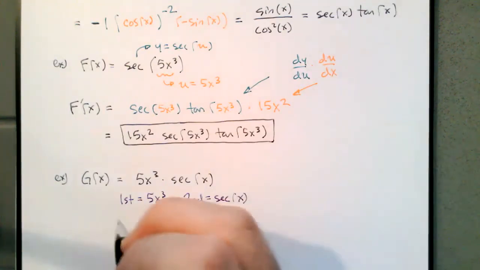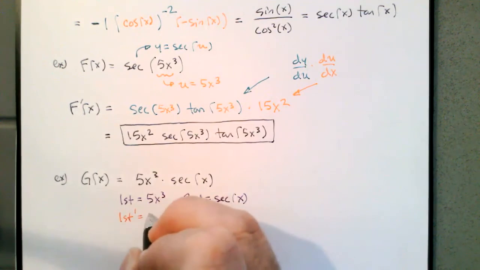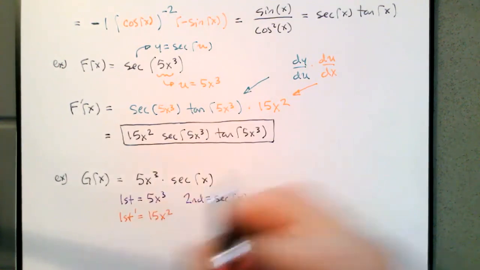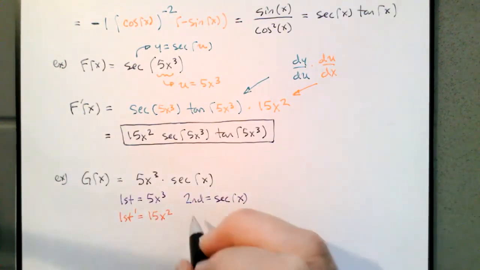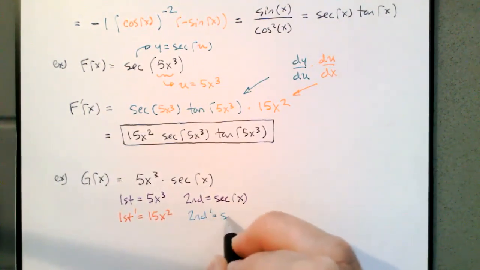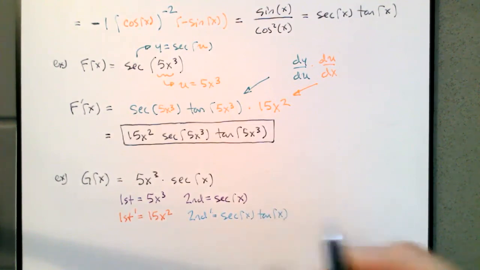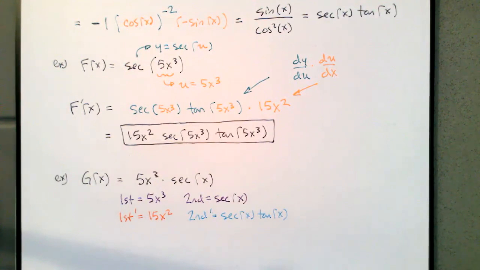The derivative of the first is 15x squared, and the derivative of the second is secant x tangent x. Got all my 4 parts down.